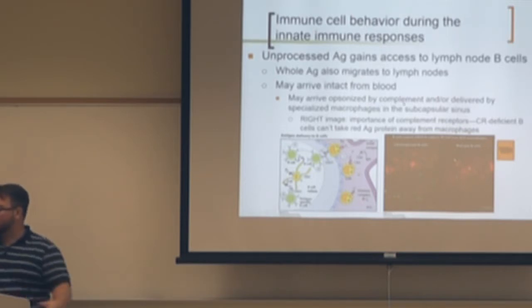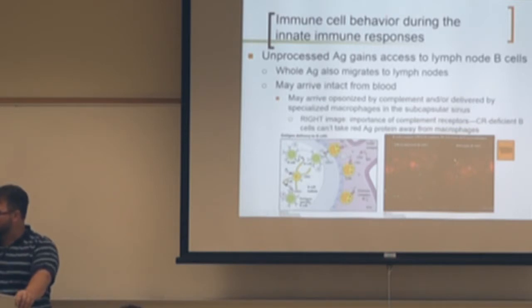Remember, there are complement proteins and antibodies that will bind to things and to complement. The antibodies might circulate and bind to those things. They can come in opsonized by complement and or delivered by specialized macrophages. All of these are possible routes of entrance for antigens.